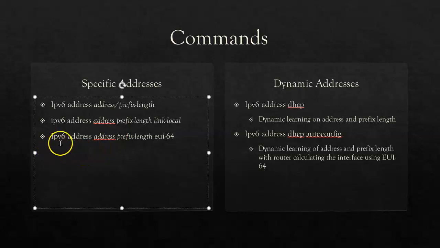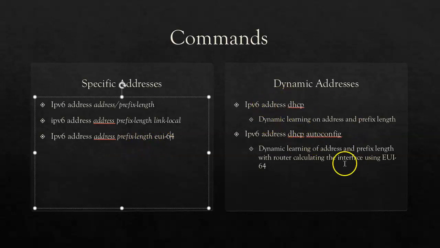And then of course we could use the EUI64 method to generate a locally generated or globally unique address. So that's the EUI64 right there, indicating that we're going to use that address. We're going to use the prefix, and then we're going to use the method we just talked about to create that last half, the interface.